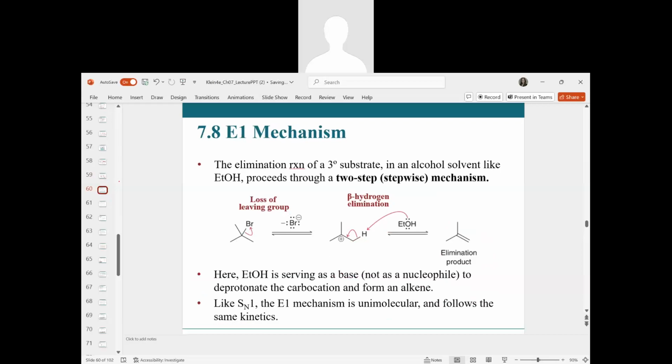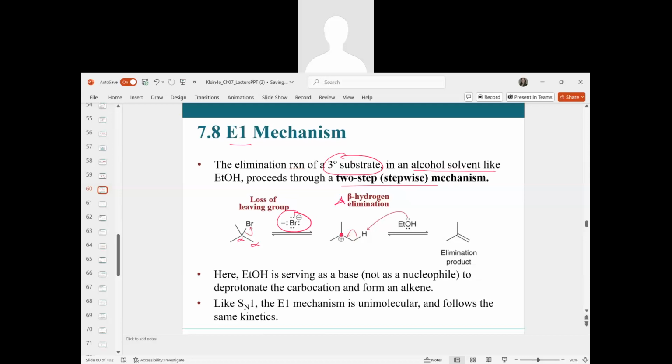Likewise, with the E1 mechanism, we have our tertiary substrate with an alcohol solvent like ethanol. We have that two-step mechanism seen again. We have our loss of the leaving group here, and then what we refer to as a beta hydrogen elimination. On our alpha carbon with the halogen, that's where the carbocation is generated.